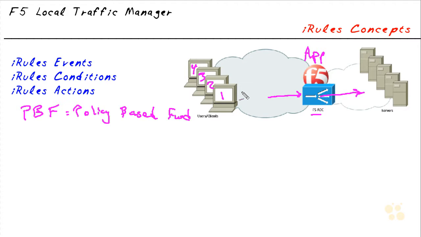Okay? So iRules generally have a very simple structure, but like with any programming language, we can go from simple to complicated fairly fast. Basically, the 3 points that we have coming in as parts of an iRule are, when an event occurs.